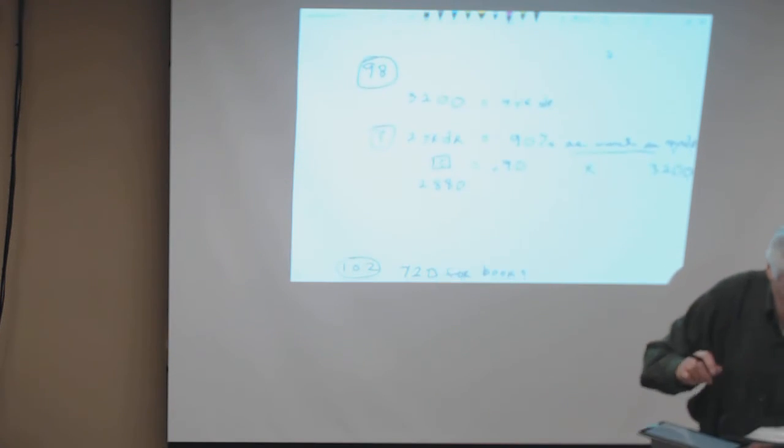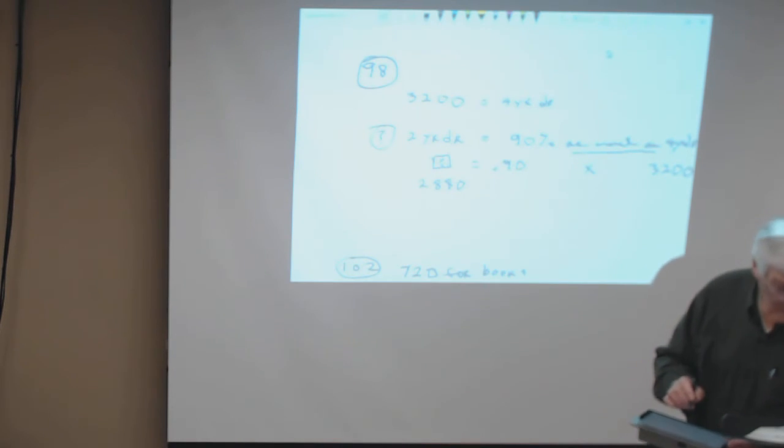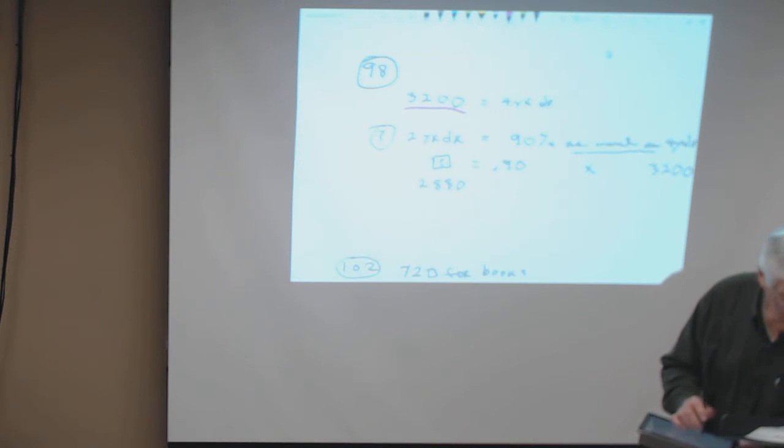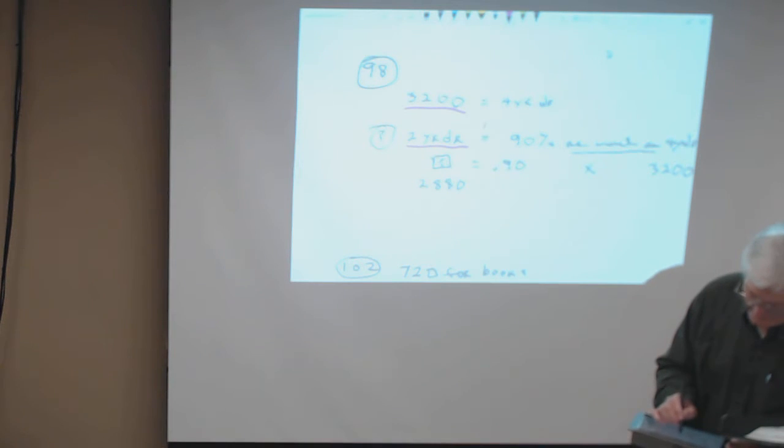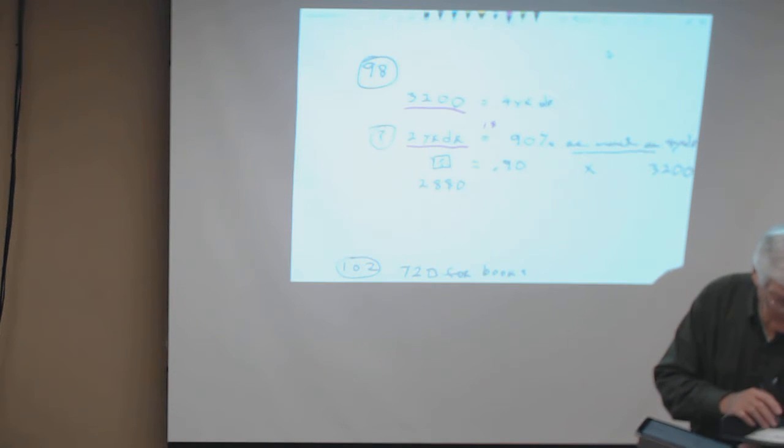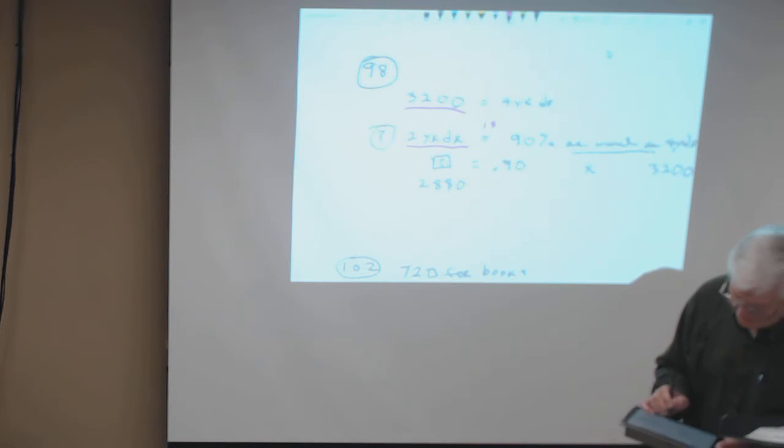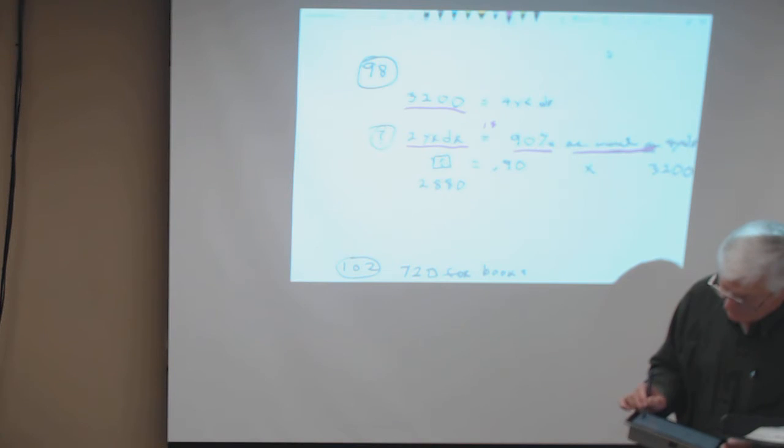98. Dorm rooms at a 4-year private college. So dorm rooms cost $3,200. At a 2-year college, they cost 90% as much. The 2-year college costs 90% as much as the 4-year college.